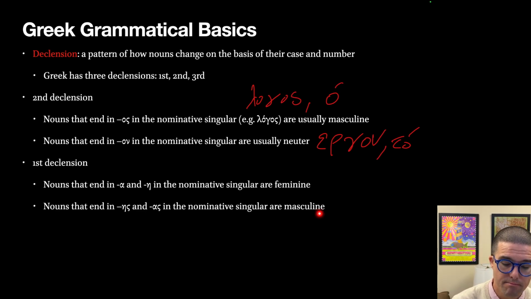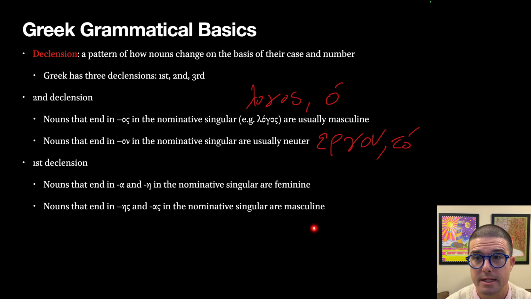There is a small class of first declension nouns that are actually masculine, and these end in something different in the nominative singular. They end in eta sigma or alpha sigma rather than eta or alpha, and that ending is what indicates that they are masculine rather than feminine.